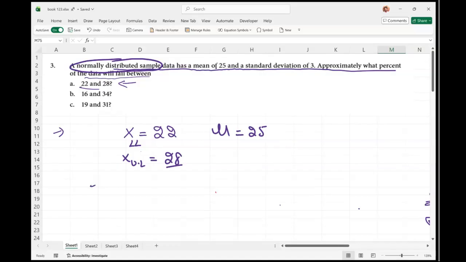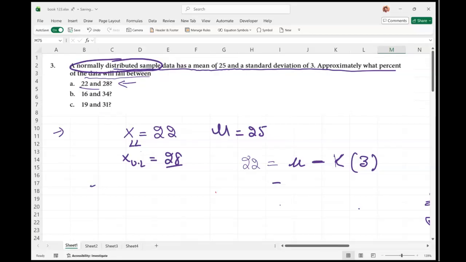So I will use the formula to calculate the number of standard deviations. 22 is equal to mean minus k times the standard deviation, which is 3.